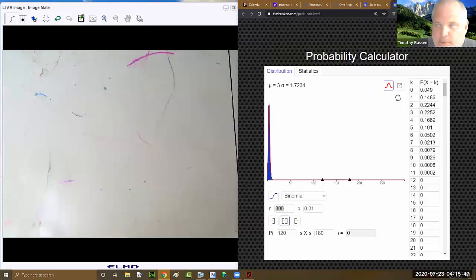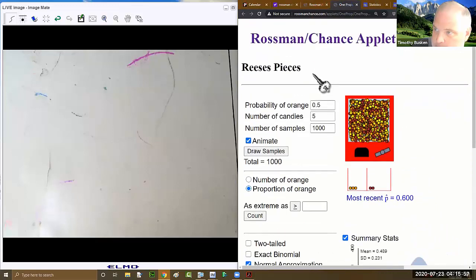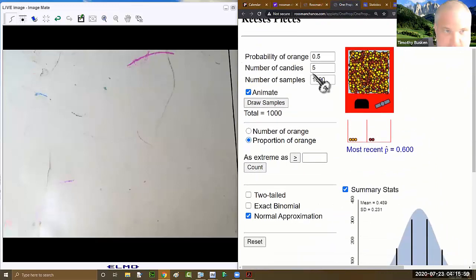So I want to propose a scenario to you, and this is a hypothetical scenario. You've got 30 people between ages 21 and 30, inclusive.